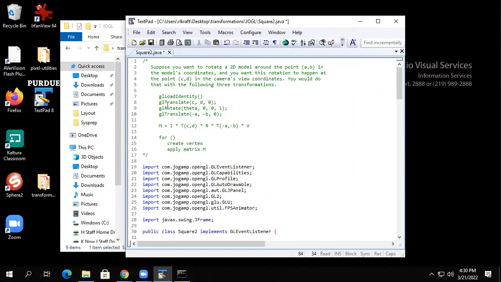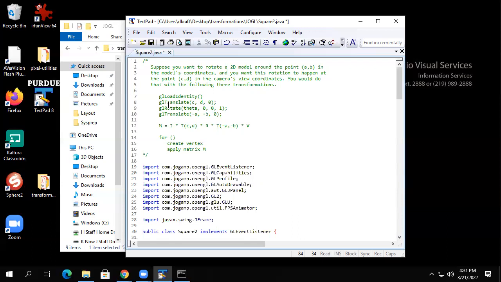Remember, the idea was start here, take him, move him to here, rotate, then you move the origin to there. So it isn't moving him to there, it's moving the origin to there. That's the point in the model we want. We move that point to the origin, then we rotate, then we move that point to there.